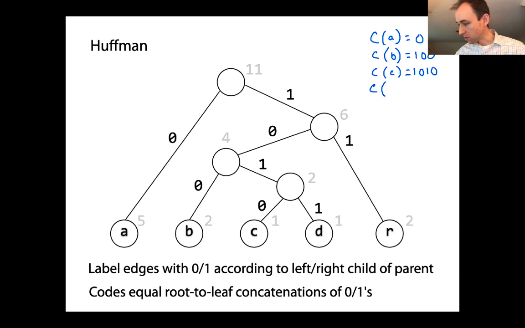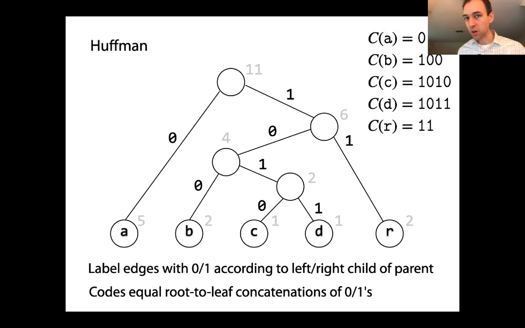The code for D is going to be 1, 0, 1, 1. The code for R is going to be 1, 1. Okay, those are my codes.